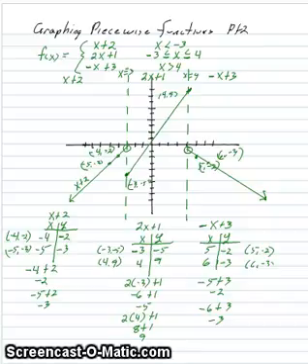It does not equal it, so it has to be an open dot. So there's the graph of the piecewise function x plus 2, 2x plus 1, -x plus 3.